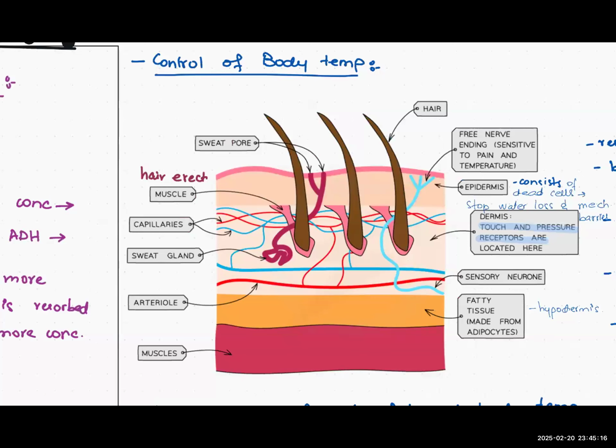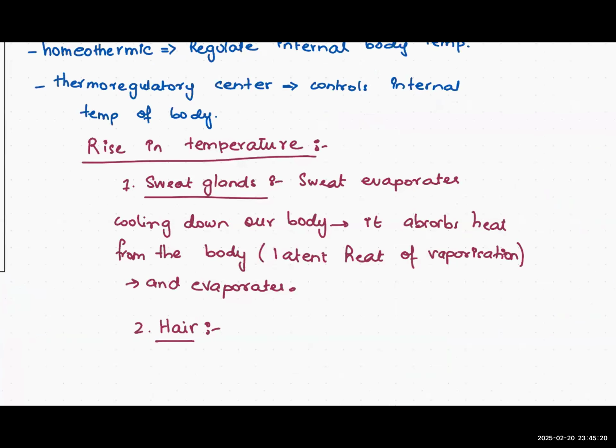So the hair erector muscles will contract. Actually, sorry, not contract.